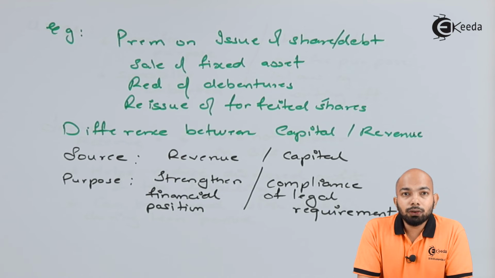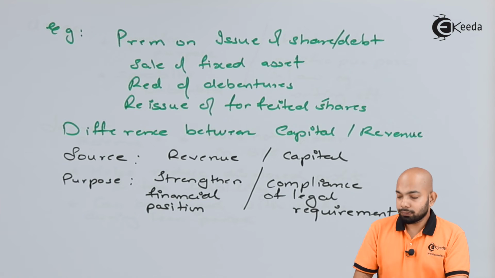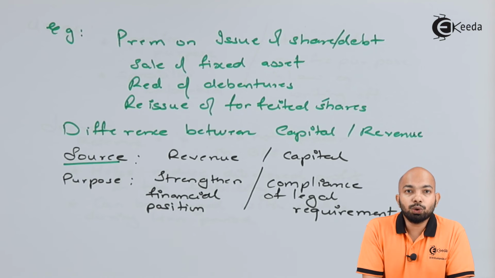Now, when we speak about the differences between the revenue and capital reserve, there are 3 points that we need to understand. Let's understand the first point. Source. When we talk about differences between the source of these two reserves, revenue reserve is earned out of revenue profits and capital reserve is earned out of capital profits.